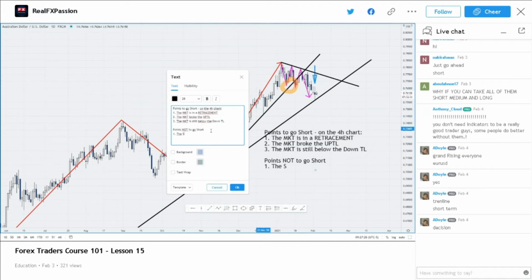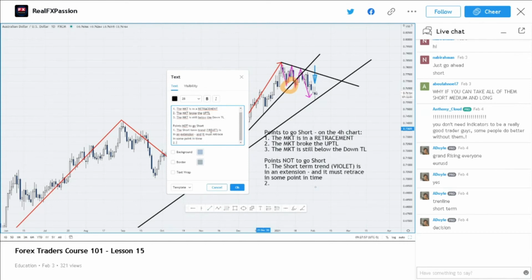the short-term trend is in an extension and it must retrace. So the short-term trend, the violet color, is an extension and it must retrace at some point in time.